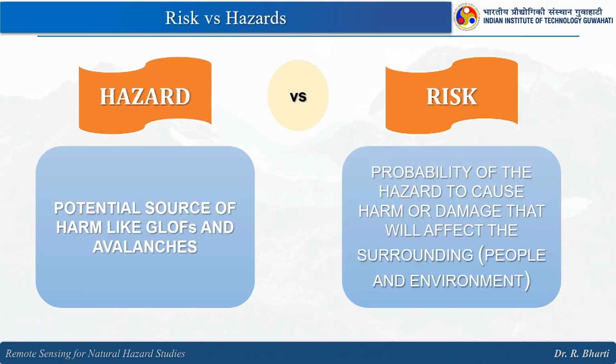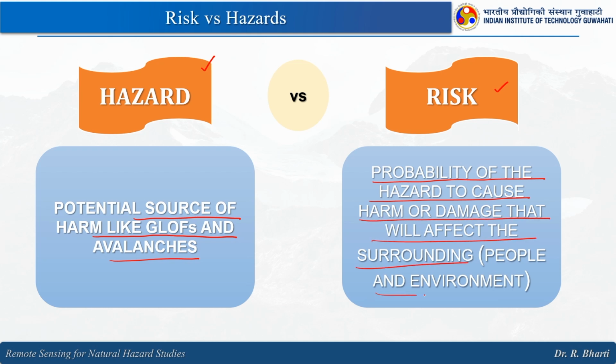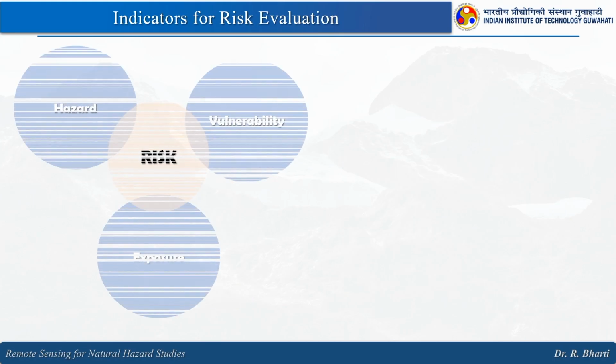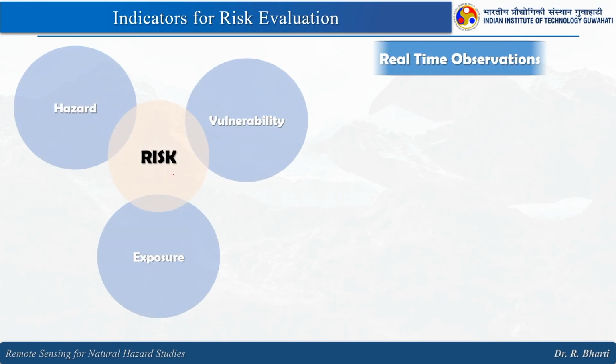Here, the potential source of harm like GLOF and avalanche will be your hazard. When we talk about risk, it is the probability of the hazard to cause harm or damage that will affect the surrounding and environment. It can be people or it can be environment or both. So, here you can see the risk.